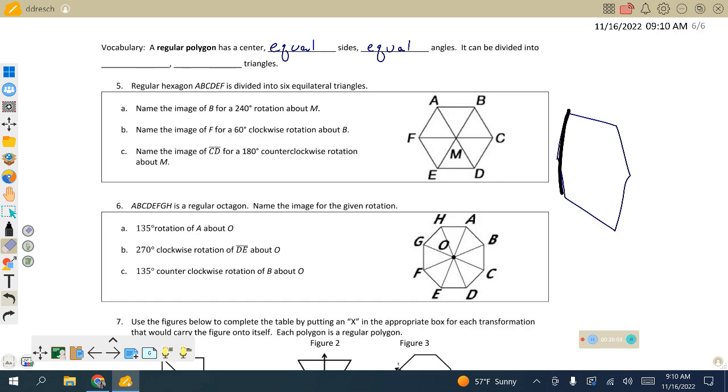All right. So we were talking about the last couple days that it can be divided into congruent triangles and another type of triangle. As we slice it up, all those triangles are congruent.